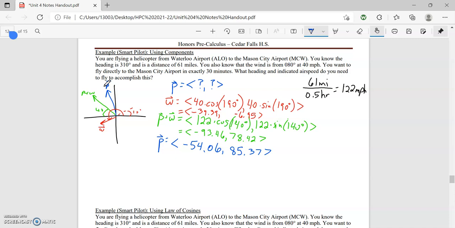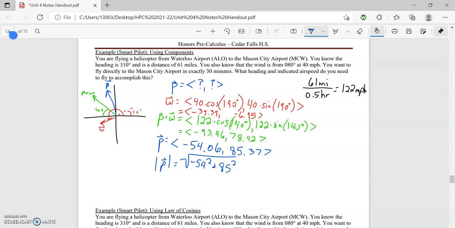But we're still not done. We have the vector in component form, but that doesn't help us with the heading or the indicated airspeed. So we have to find the magnitude of vector P. Well, that's simply the square root of the first component squared and second component squared.